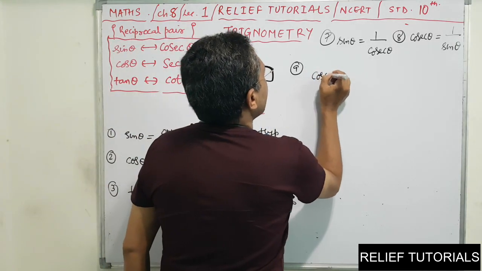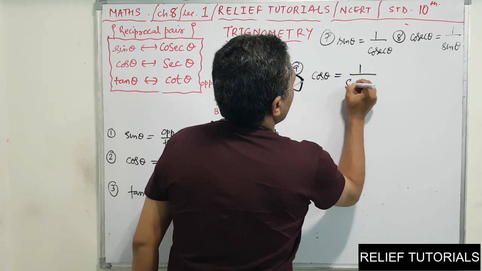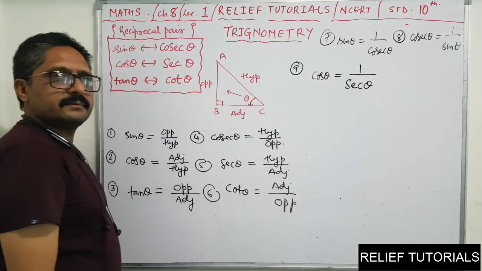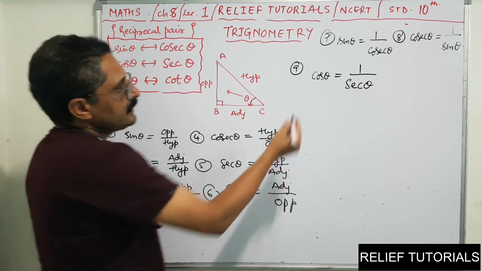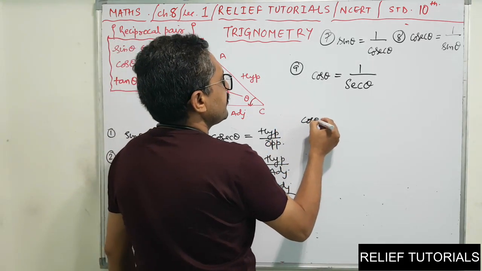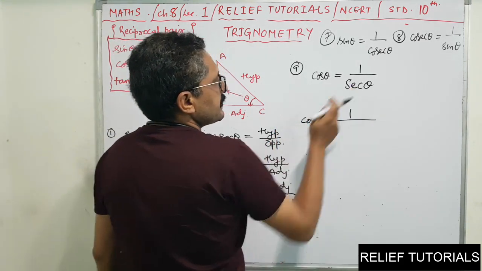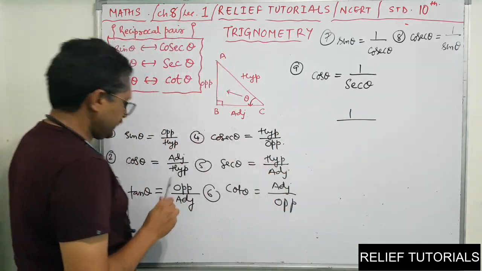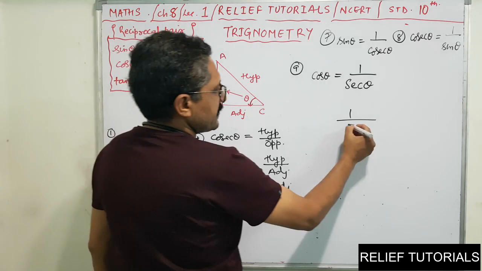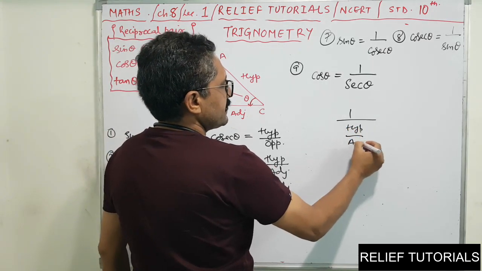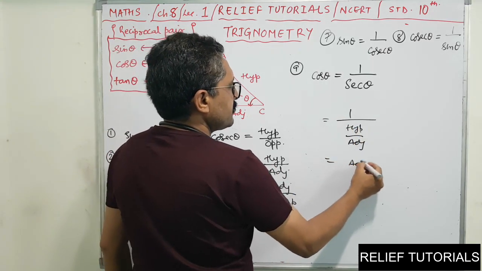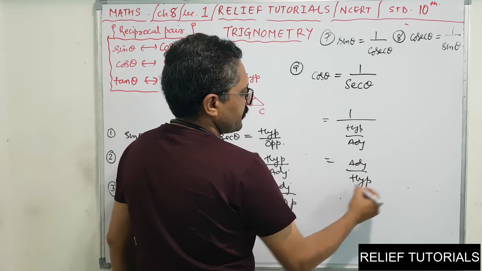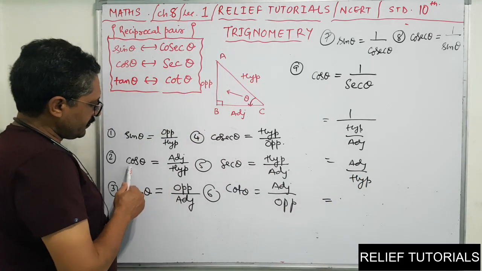Now, sin theta is equal to 1 upon cosec theta, cosec theta is equal to 1 upon sin theta. Similarly, cos theta is equal to 1 upon sec theta. See, if you want to verify, take 1 upon sec theta. Sec theta is hypotenuse upon adjacent, so its reverse is adjacent upon hypotenuse. Adjacent upon hypotenuse is cos theta.